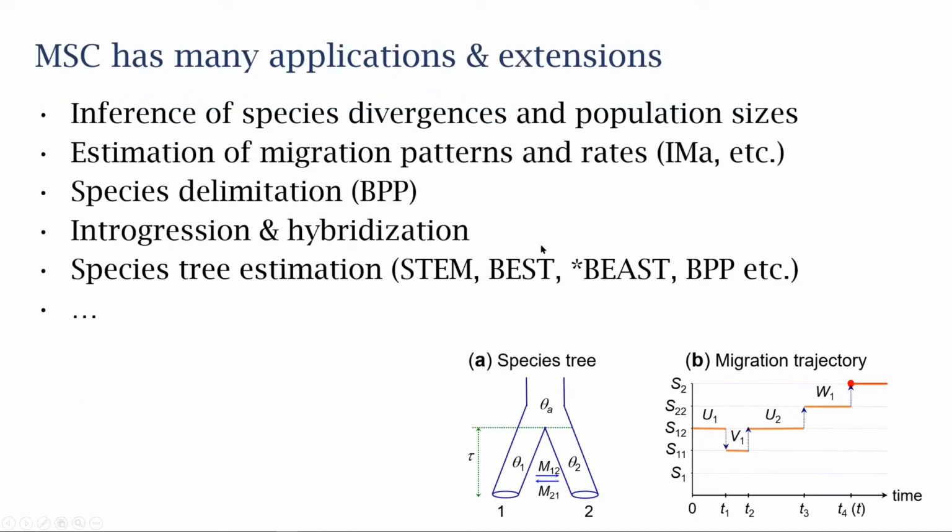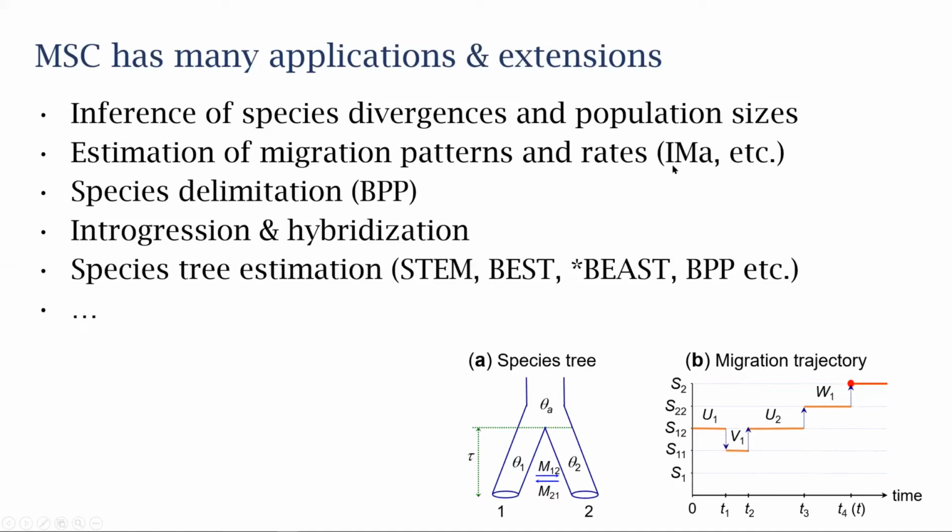So the multi-species coalescent has many applications and extensions. You can use that to estimate the species divergence times and population sizes. You could also estimate migration rates or introgression probability.